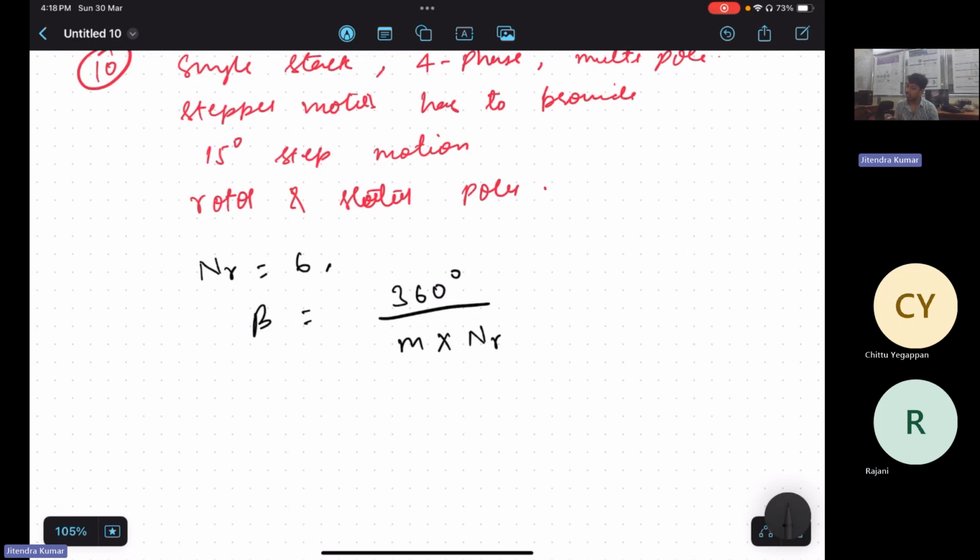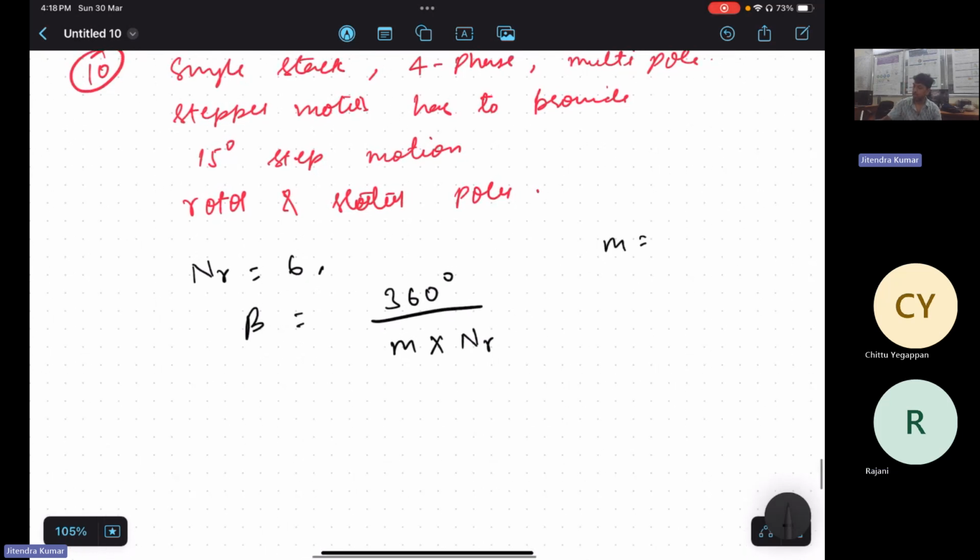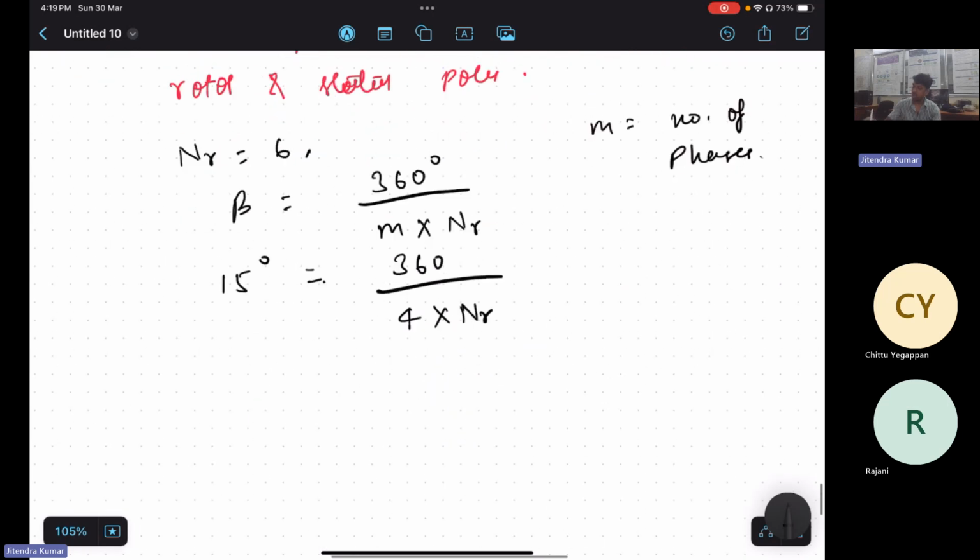So here m should be number of phases rather than number of stacks. Yes, sir. Number of phases. So beta is 15 degree. NR is 6 rotor teeth. Right.